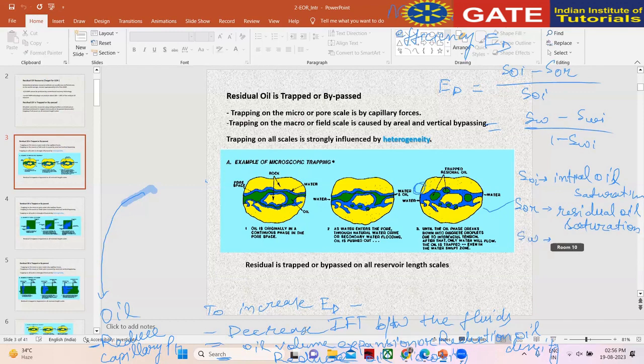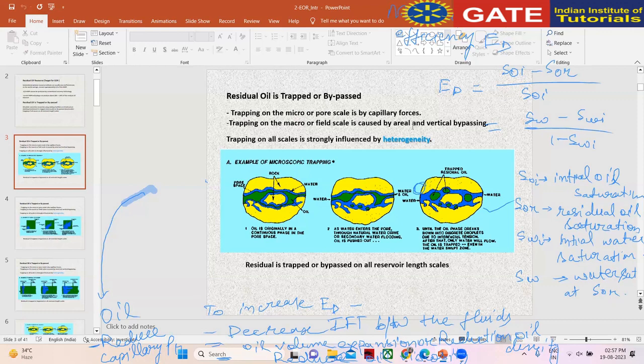SWI is the initial water saturation. And SW is the water saturation at SOR.